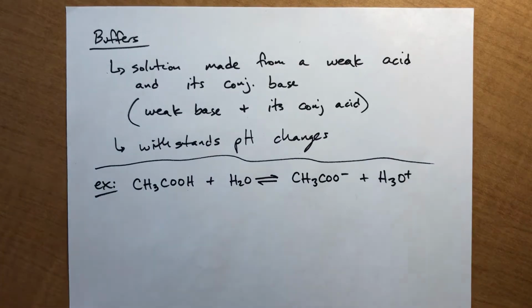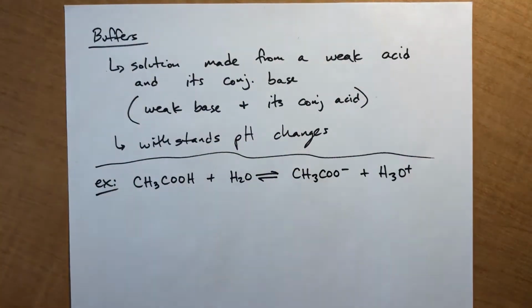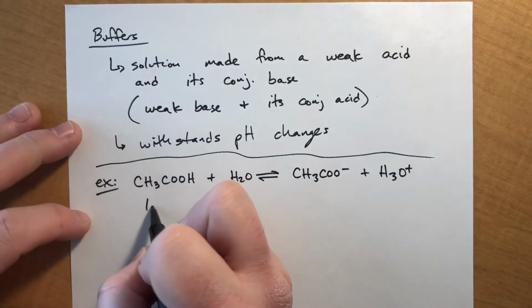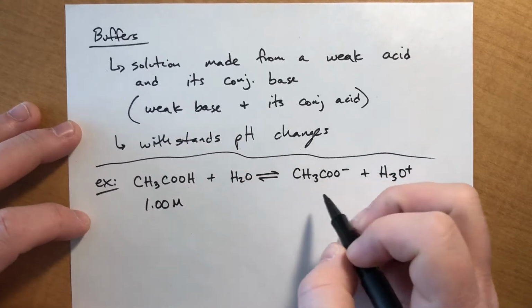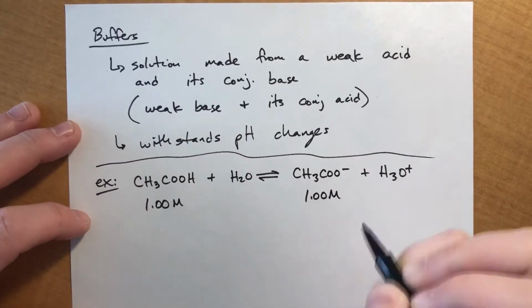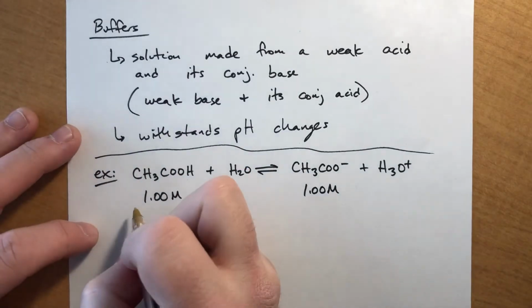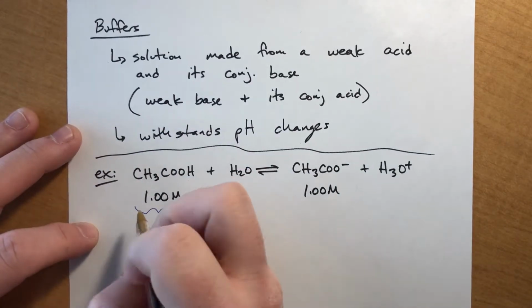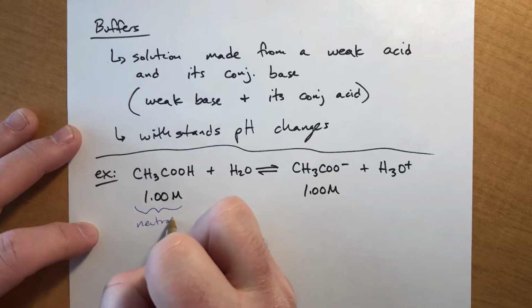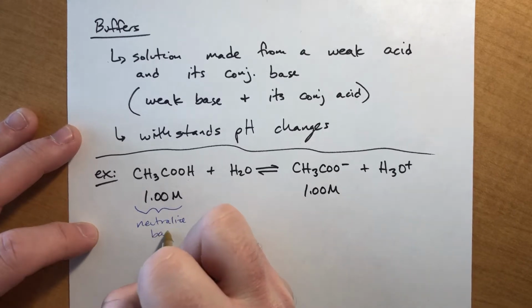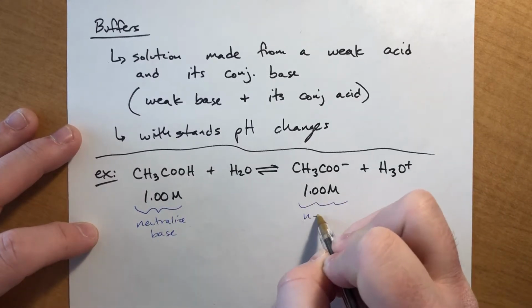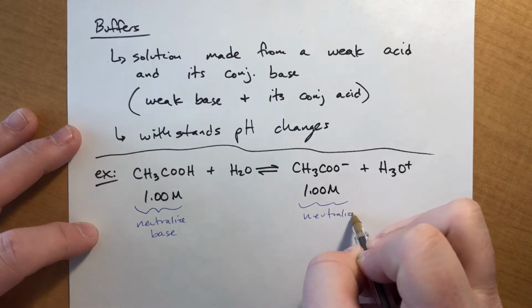A buffer is essentially what happens when you have both of them. So if we had a 1.00 molar of this and 1.00 molar of this, this can neutralize any base that's added, and this can neutralize any acid because it's a weak base.